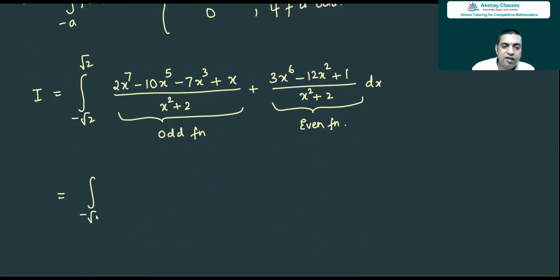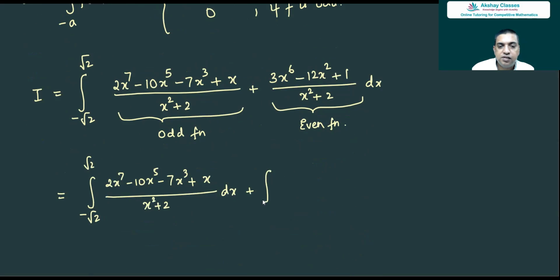So we get integral minus root 2 to root 2 of the odd function, plus the even function.